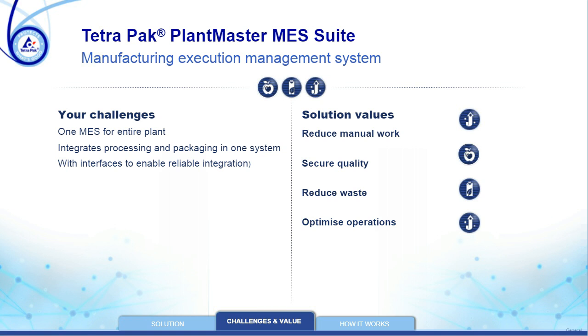So you can reduce the waste, definitely, and as a result, the cost of quality control and waste are reduced. And you can optimize your operations. Here we mean the reporting system to enable improvement. So you can benchmark, you can analyze where you are, and you can target what you can improve.